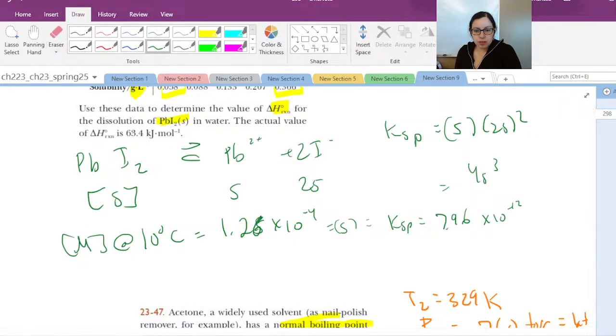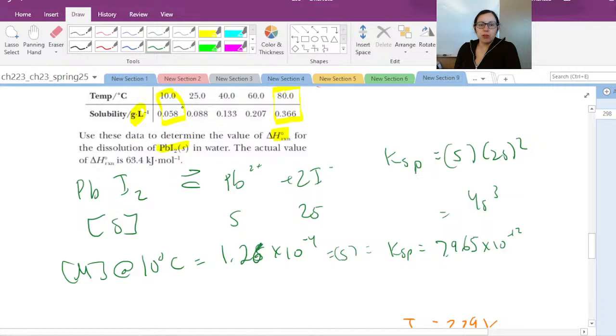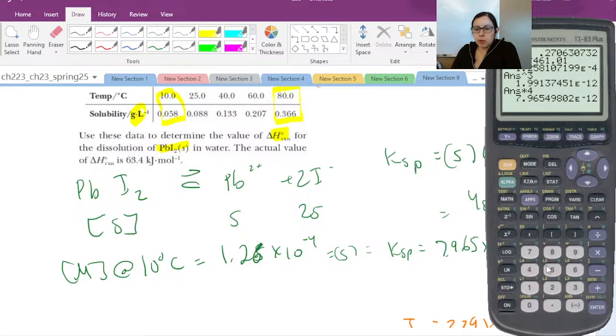And let's see, try not to round too much. And so then just repeat that again. You can pick any 2 points from this data table. I'm just going to pick this one since, again, it's the most extreme, so I like to get 2 extreme data points if possible.